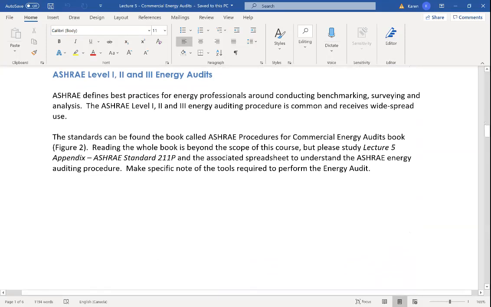The ASHRAE system is a bit easier to implement. Widespread implementation can be done by all levels in the company, not just a senior energy manager housed at the company. So this is a more popular system, but it does have its shortfalls, but it's the one we're going to focus on because of its popularity.